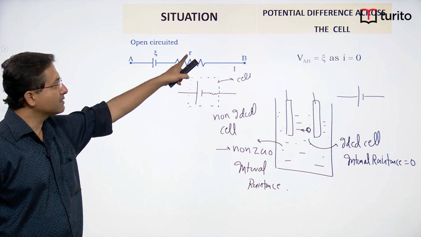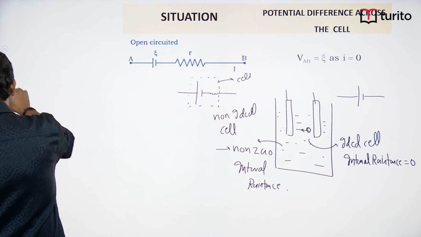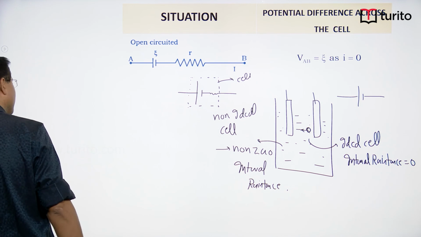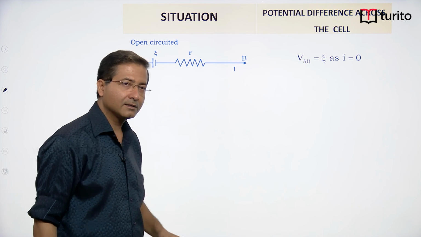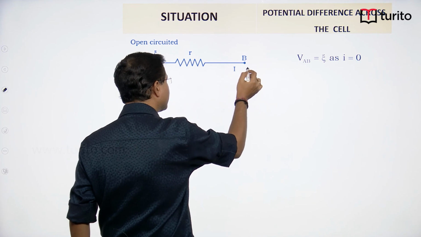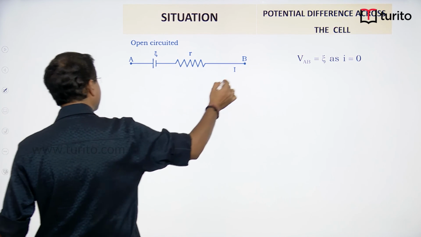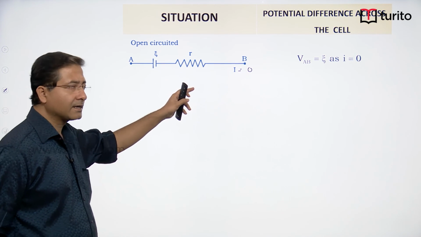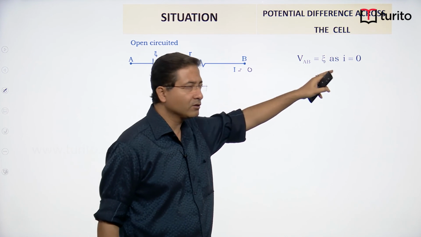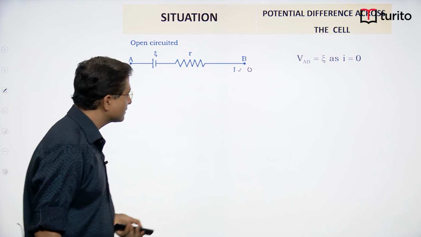So this R is the internal resistance of the cell. When it is open, I already told you, I is equal to 0, this current won't be there. This current is 0, and the potential difference here will be equal to EMF, first case.